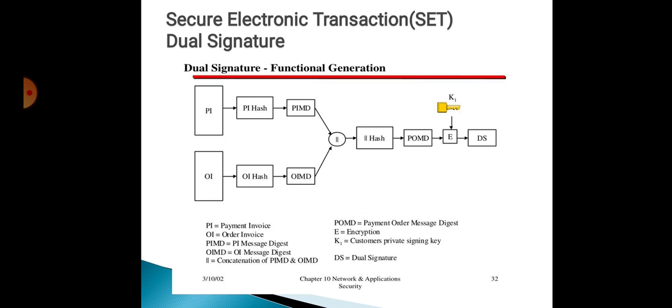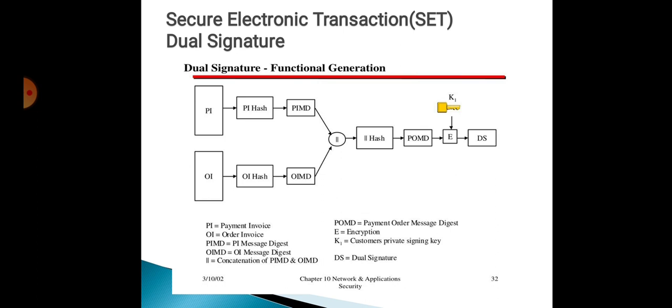Okay, now see the operation. Why is dual signature needed? Suppose the customer sends a merchant two messages, the signed order information and the signed payment information. In addition, the merchant passes the payment information to the bank.